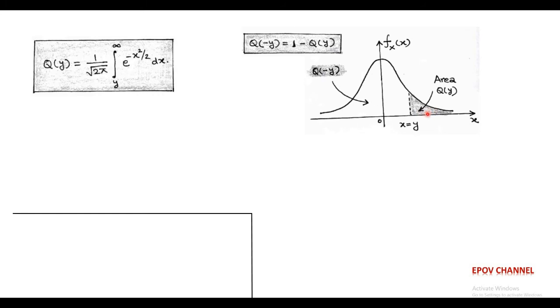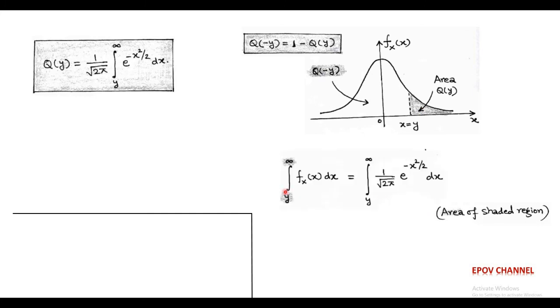Now, for the expression of the Q function, we first find the area of the shaded region, and it is equal to the integration of f(x) dx, taking limit x equals y to plus infinity, and in place of f(x), that is the Gaussian PDF, we can write 1 upon square root of 2 pi into e to the power minus x square by 2.